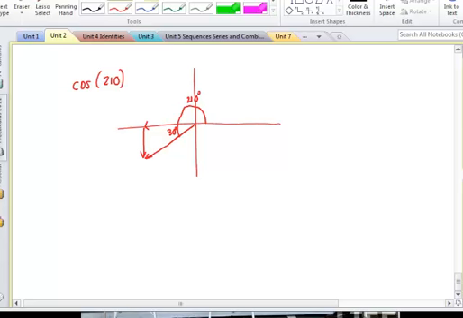So we remember that we have one side to be -1, this would be -√3, and this side would be 2. And then the cosine would be -√3, the adjacent, over the hypotenuse of 2.